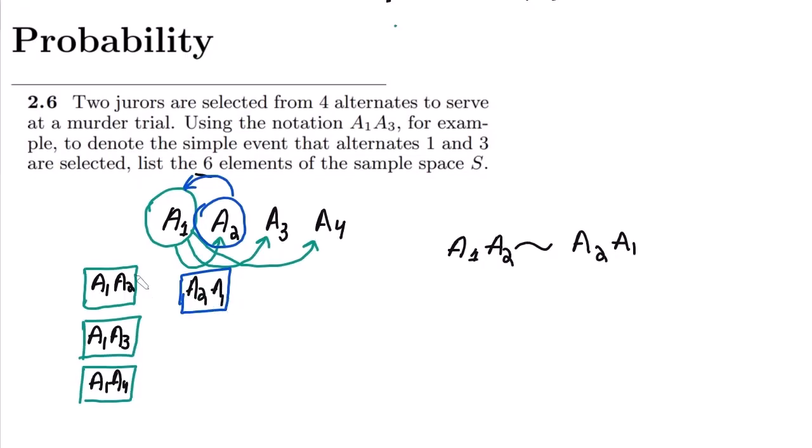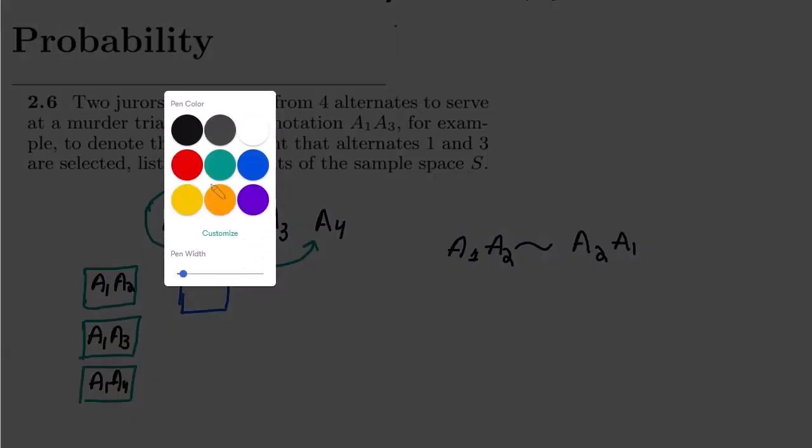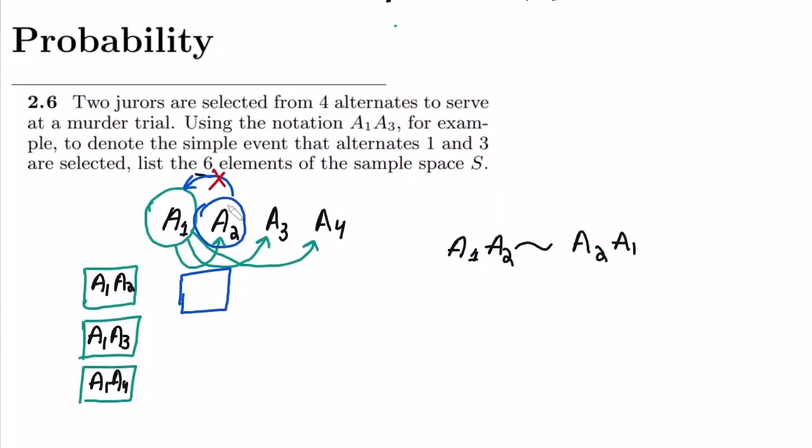So you can see that this one is already selected as A1, A2, therefore it cannot be A2, A1 again. So therefore I have to remove it. Okay, and this branch as well. So I have to remove this branch as well. So let me remove it. Okay, so now it is removed.